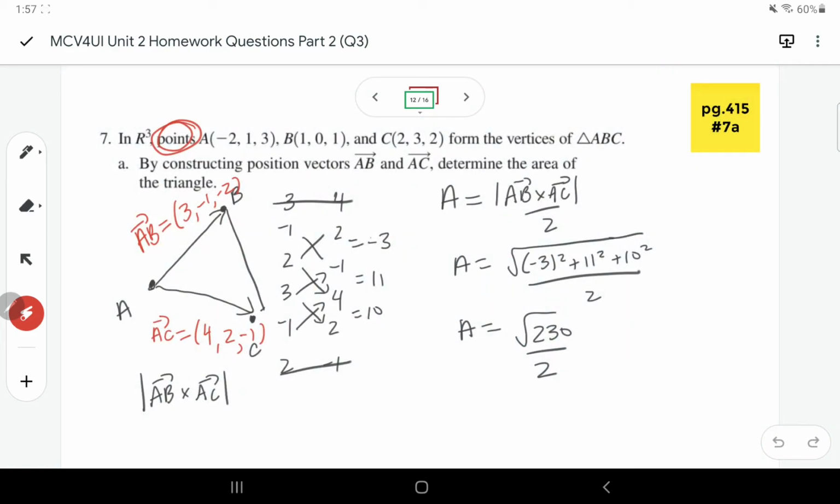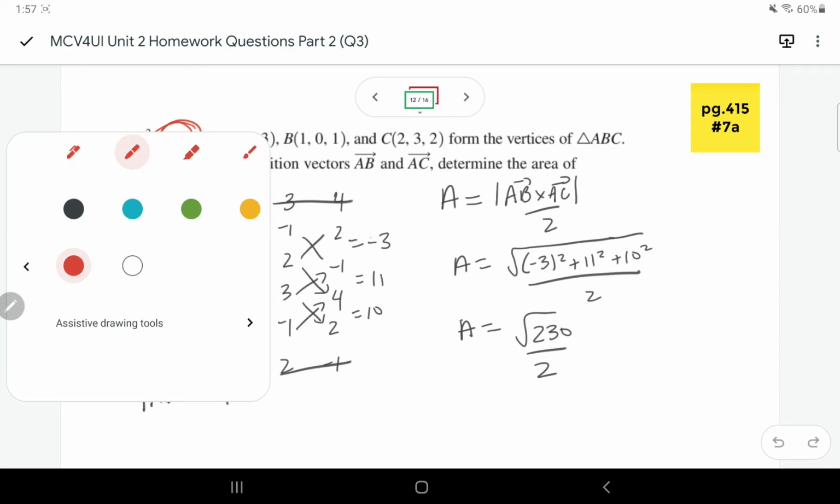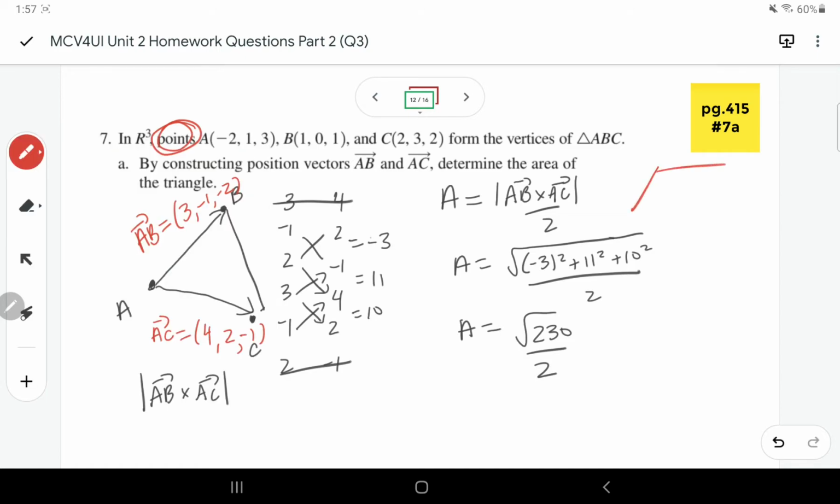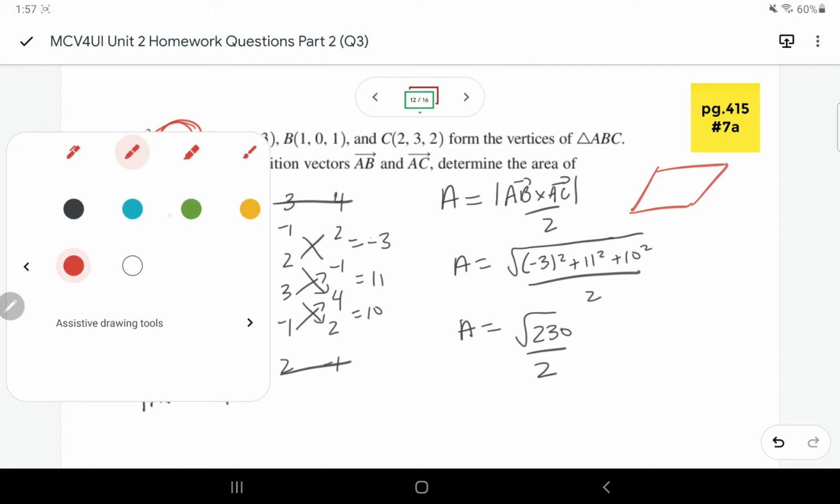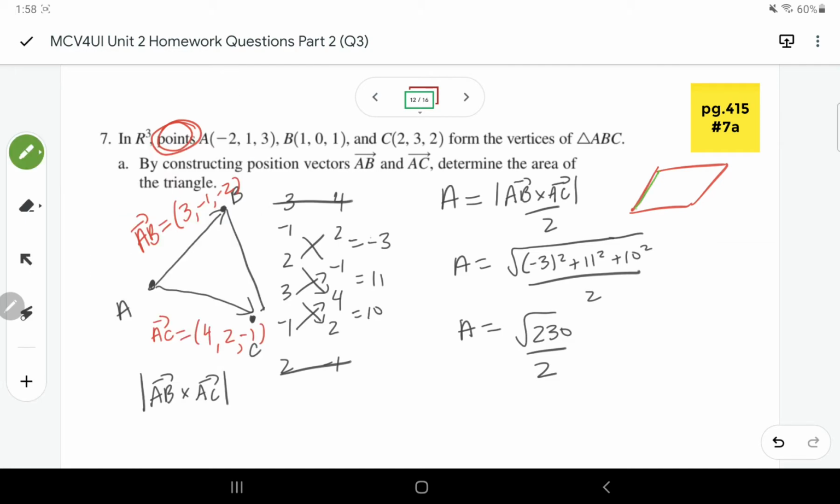Important thing to remember here, a couple of big ideas, is that if we're looking for the area of a triangle, that's half the area of the related parallelogram. So if we had a parallelogram, let me draw this out over here, if we had, say, that parallelogram, then the triangle that would be formed between 3 of those points is half the area.